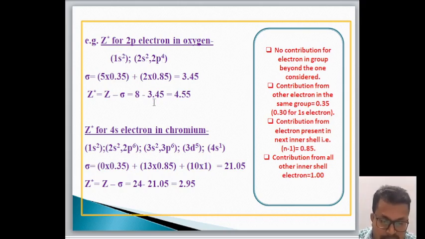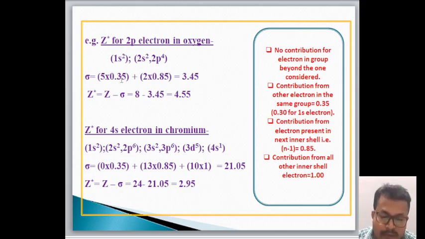For calculating the effective nuclear charge for the 2p orbital, we need not consider the particular electron for which we are finding it. In this group, a total of 4 plus 2, 6 electrons are there, but we consider only 5 electrons, since we do not count that electron. So in this group, 5 electrons contribute 0.35 each.